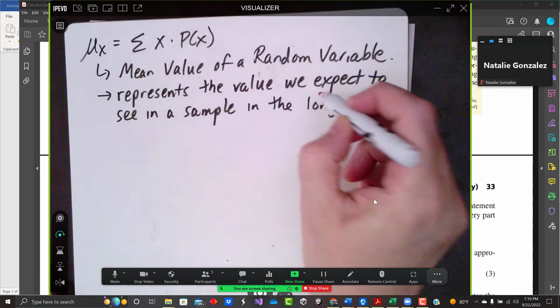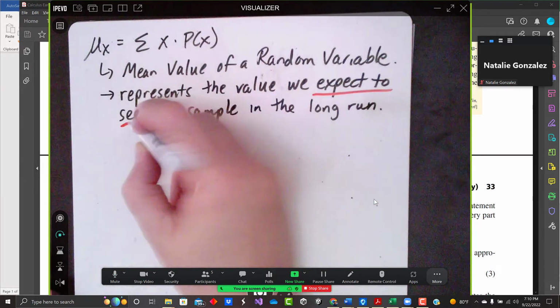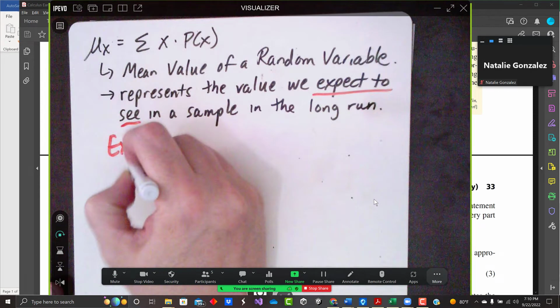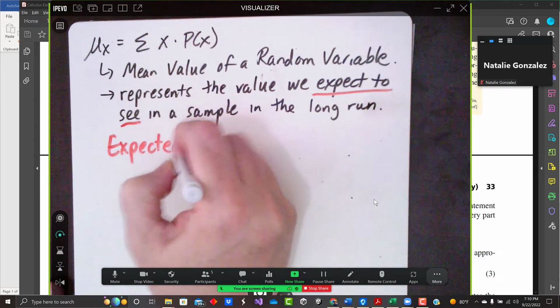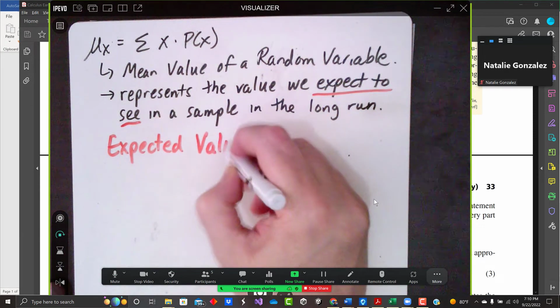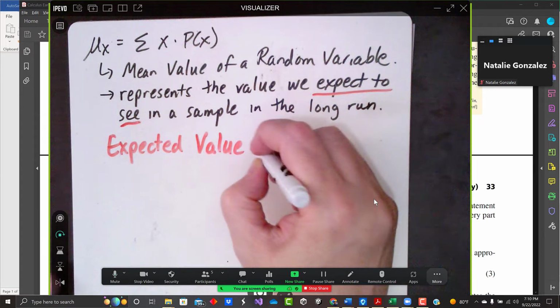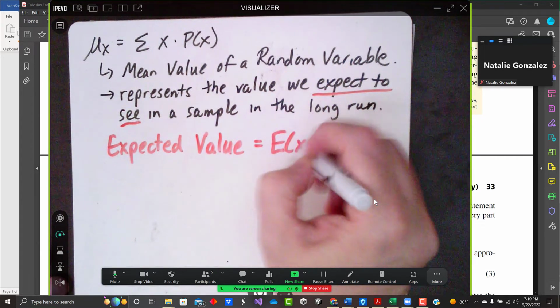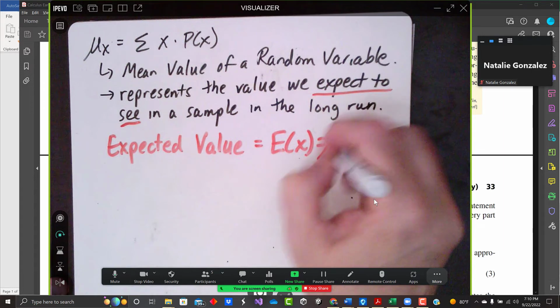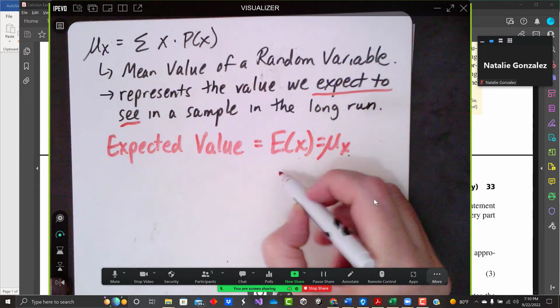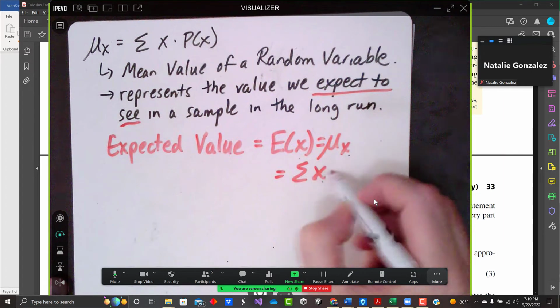And since it's what we expect to see, we call it the expected value. So you will see E of x sometimes. It just means mu of x, and it just means the sum of x times p of x.